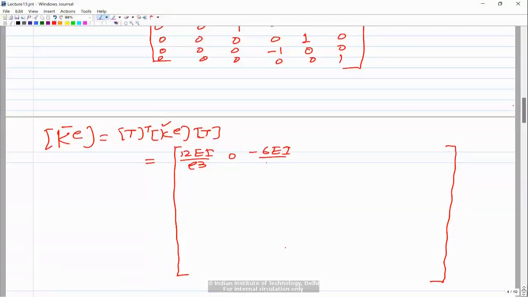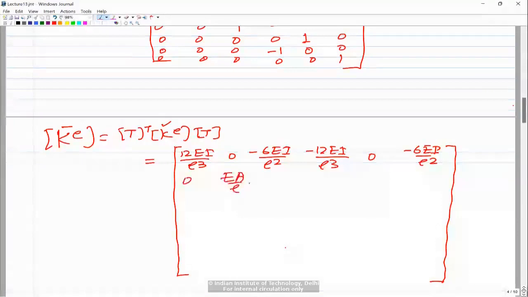So cross check this result what I am writing, and then minus 12EI by L cube, 0 and then minus 6EI by L square. So that's the first row after transformation. Then the second row is 0, EA by L, 0, 0, minus EA by L and 0.